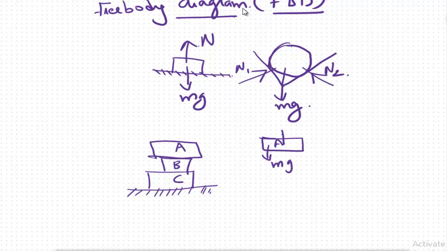So mg is acting downwards, and a reactional force from B is coming towards A. Next I am considering B. From B, a reactional force is acting towards A, and then the mg force of B, mass of B into g, is acting in the downward direction, along with the weight of A, mass of A into g.